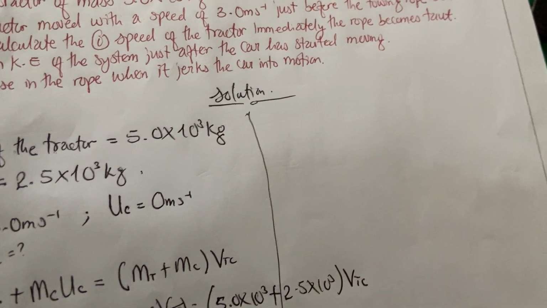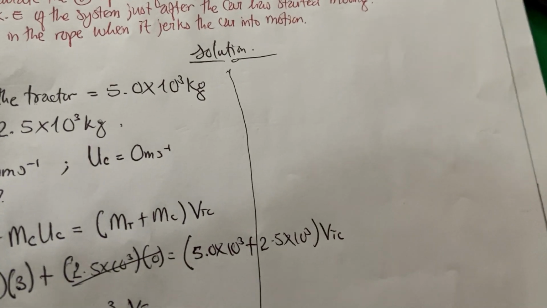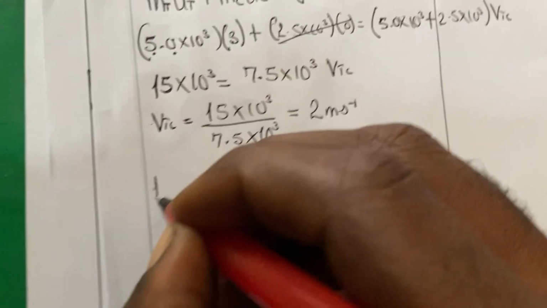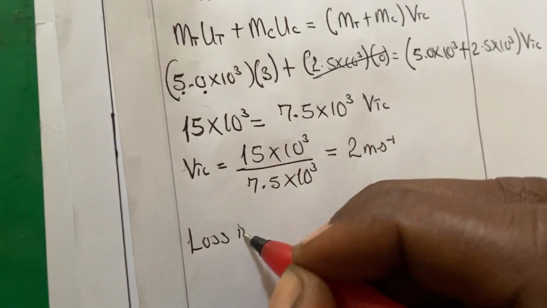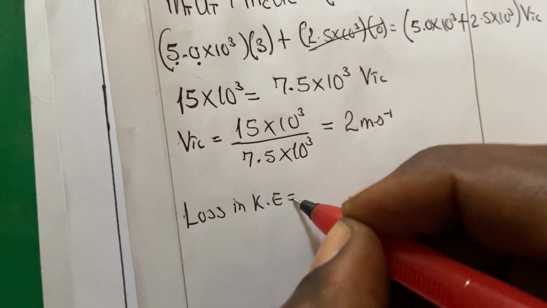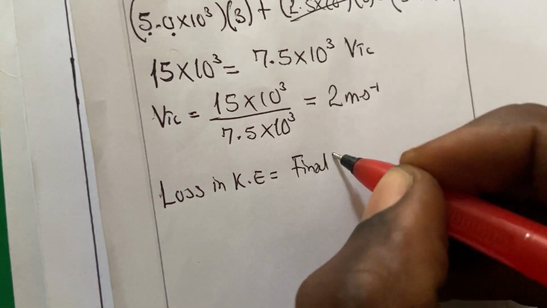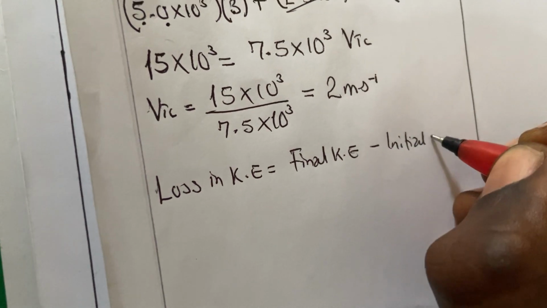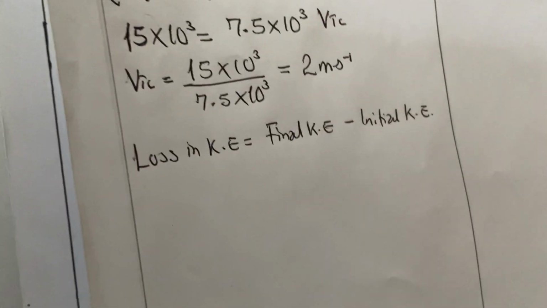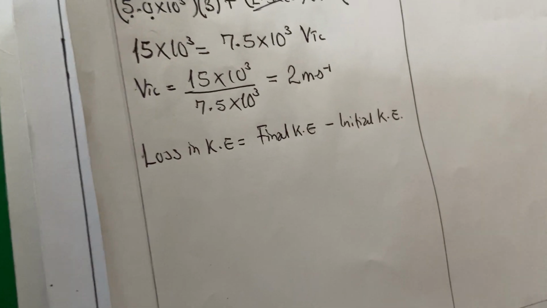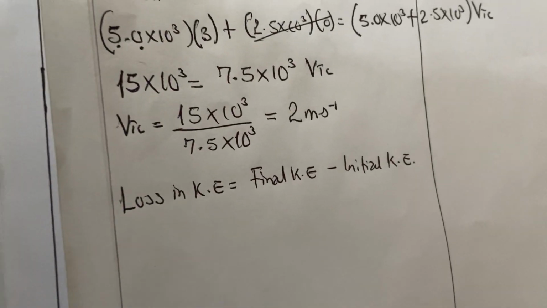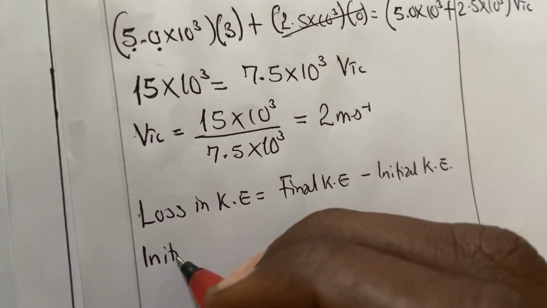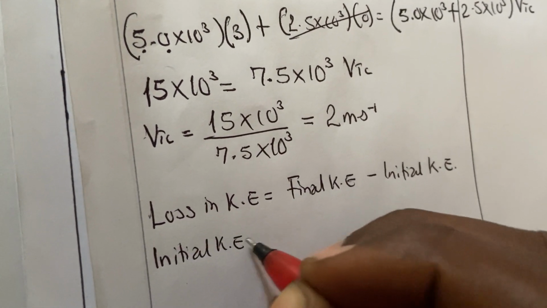So to calculate the loss in kinetic energy, the formula we'll be using is: loss in kinetic energy equals the final kinetic energy minus the initial kinetic energy. So let's talk about the initial kinetic energy, that is the energy before collision.